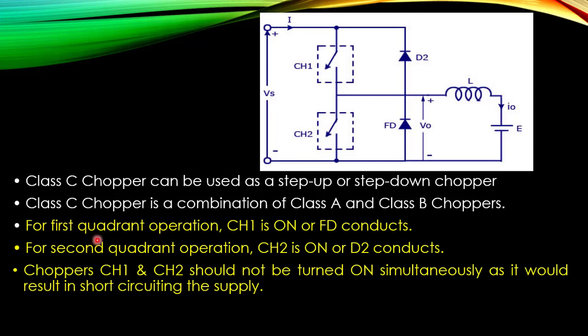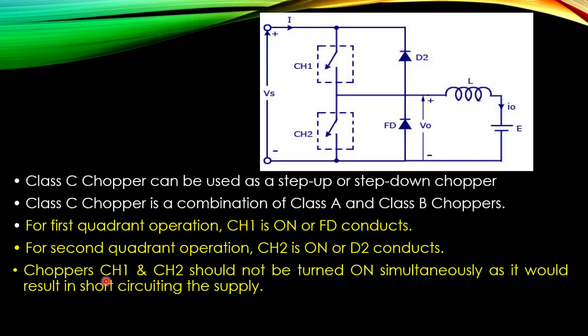Here you have to keep three things in your mind. First one is, in the first quadrant CH1, that is switch 1, is on or the freewheeling diode conducts. In the second quadrant operation, switch 2, otherwise chopper 2, is on or diode D2 conducts.